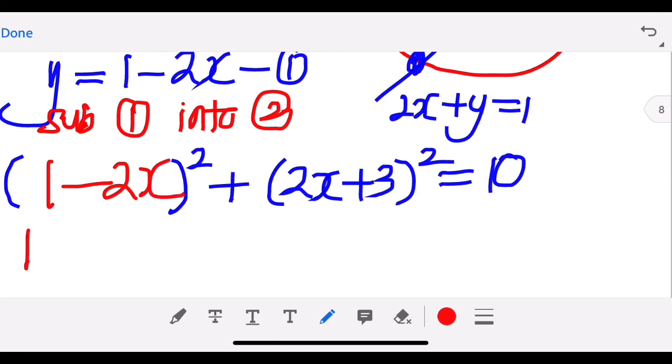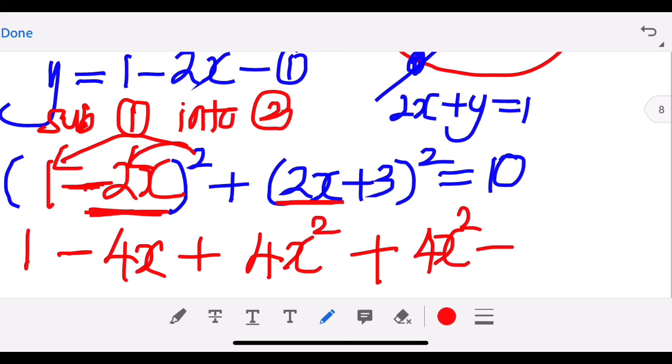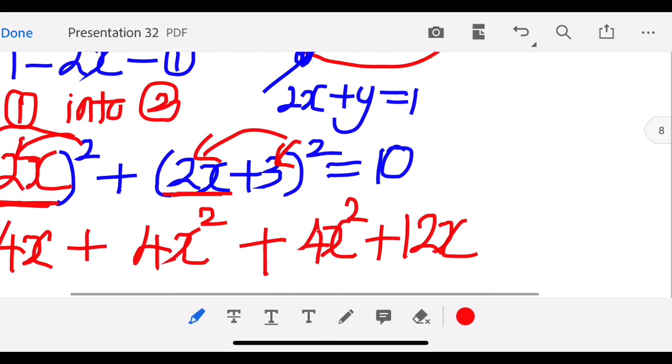So 1 squared is 1, here is minus, 2 times 1 times negative 2x will be negative 4x, plus the perfect square of negative 2x, which will be positive 4x squared, right? You know how to expand in the fastest way: always take this term, the perfect square 4x squared, and then plus 2 times 2 times 3, which is 2 times 2 is 4, 4 times 3 is 12, and there must be an x for the middle term of the quadratic equation, right?